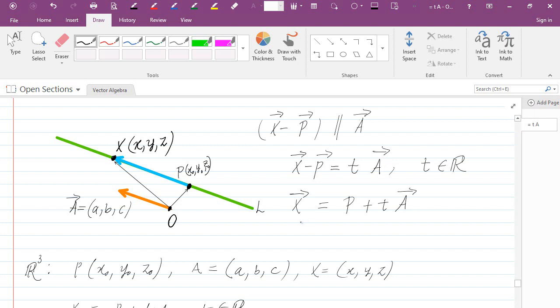So then I can say that X would be P plus t times A. So this is the vector equation of the line L.